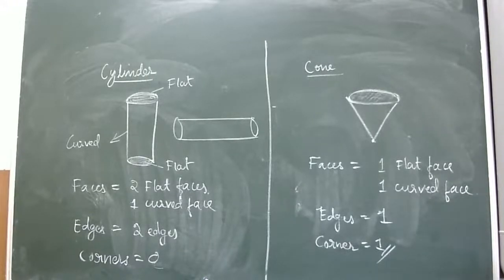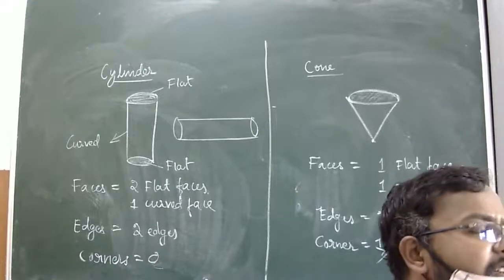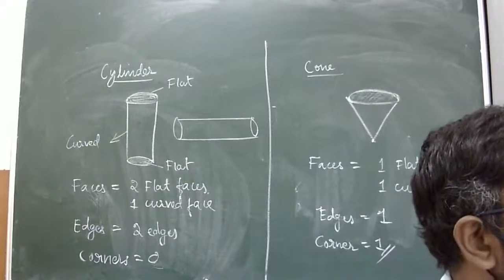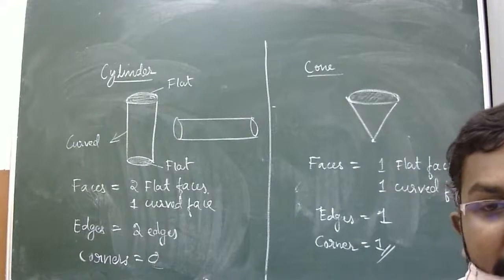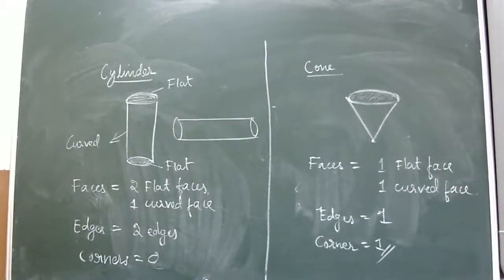So just go through these shapes, and apart from this, you don't have anything in that chapter. So you are having flat shapes and solid shapes. So only these two things are there.